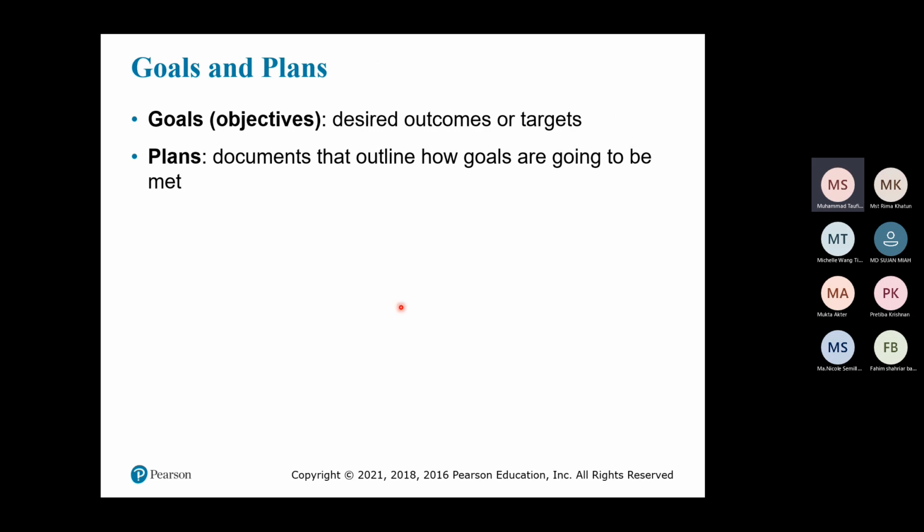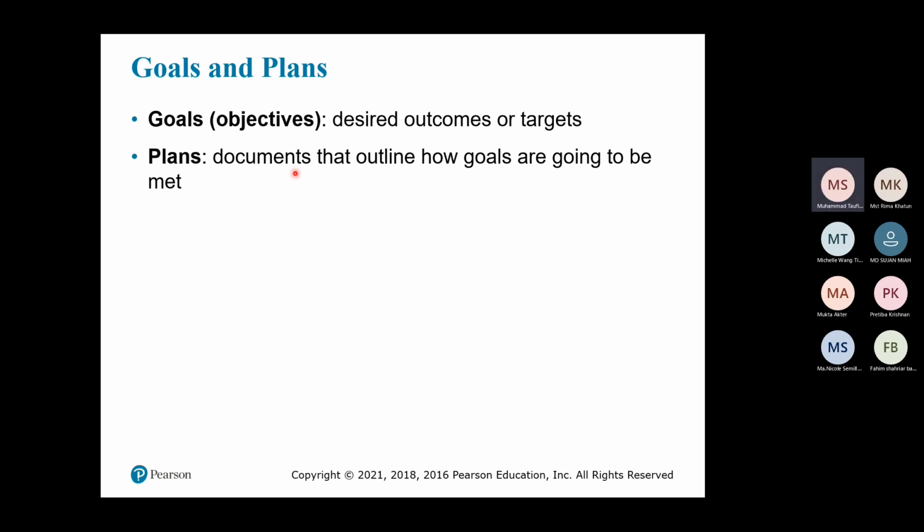So these are the two main components in planning. First is the goal. The second is the plan. So what is goal? Goal is the desired outcome or target. It is what you want to achieve from the plan. Anything that you want to achieve from the plan, that is what we call goal or objective.